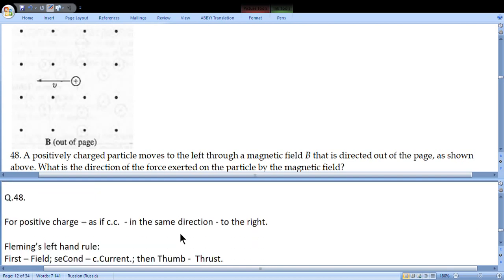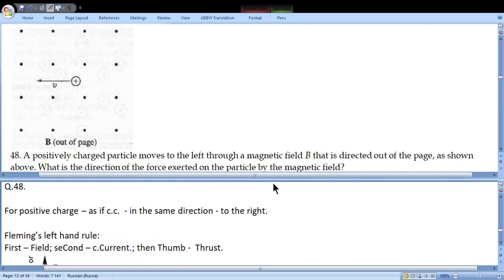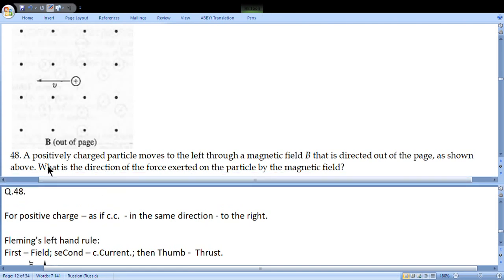So we go to the next question. Right. A bit more space. Okay. A positively charged particle moves to the left through a magnetic field B that is directed out of the page, as shown above. What is the direction of the force exerted on the particle by the magnetic field?